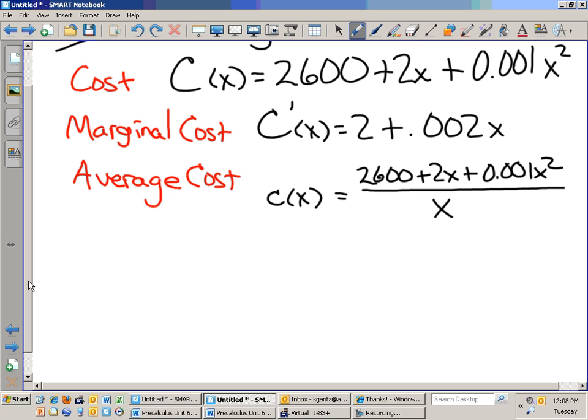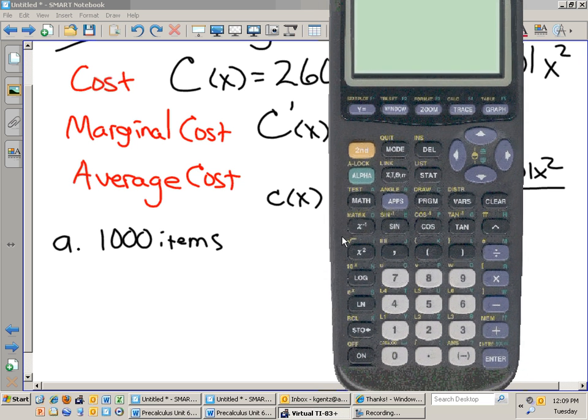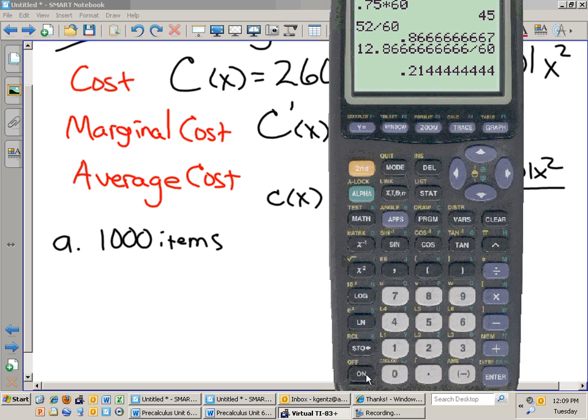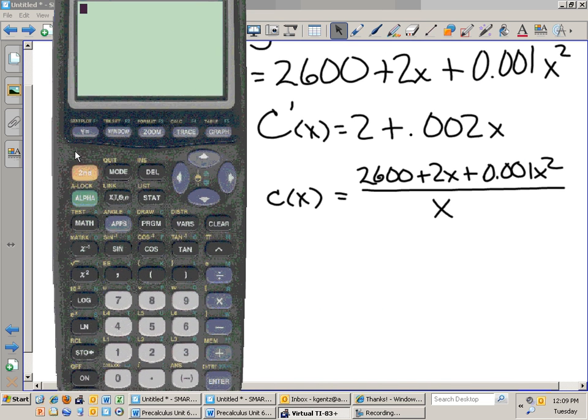Let's just do 1,000 items. I want all three. I type it in, as opposed to going to y equals, because I'm not actually going to do this more than once. I'm just going to do this one time.